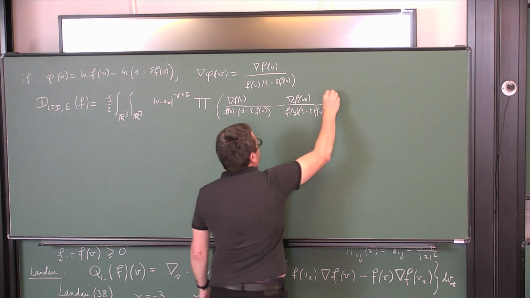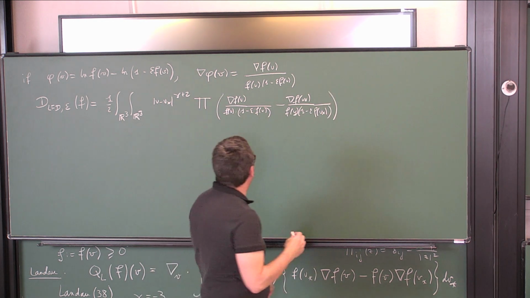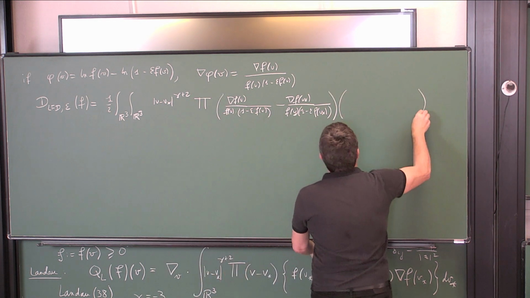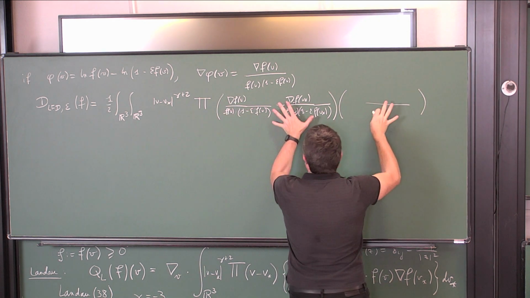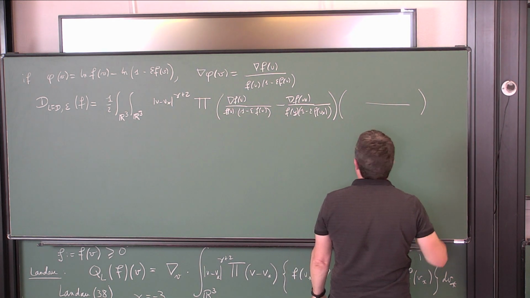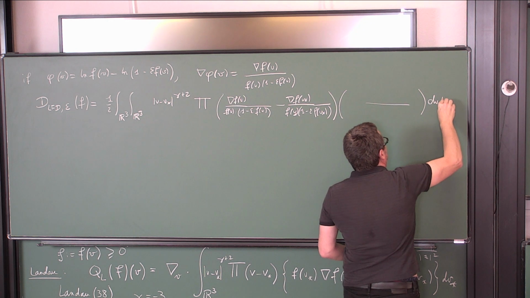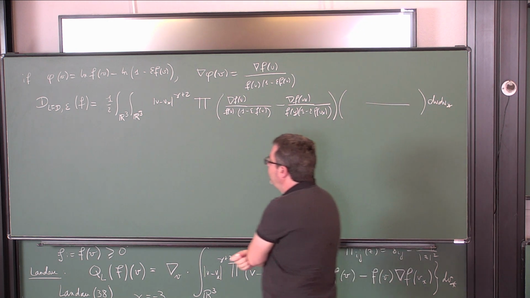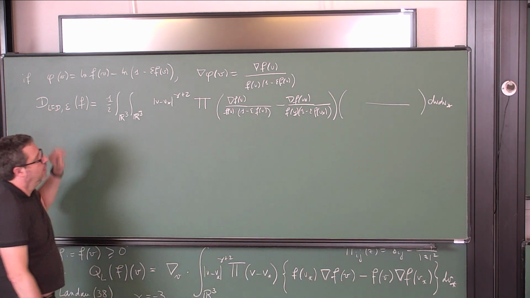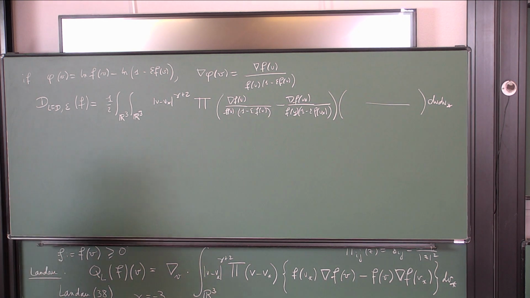So this is taken on this. And let me write it maybe a second time just to say that this is a quadratic form applied on this vector. Okay. So this is the entropy dissipation of the Landau-Fermi-Dirac equation.